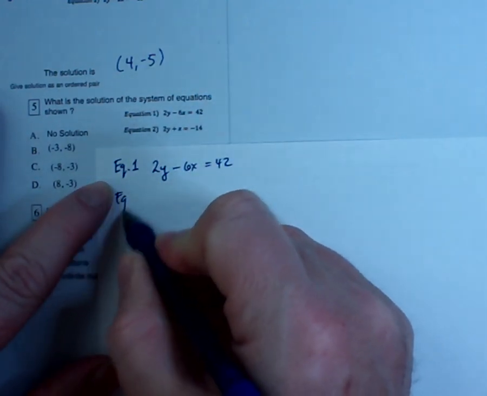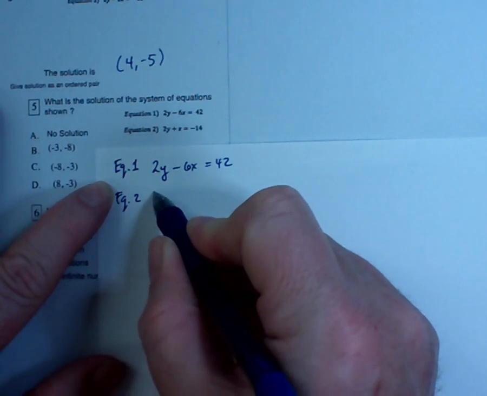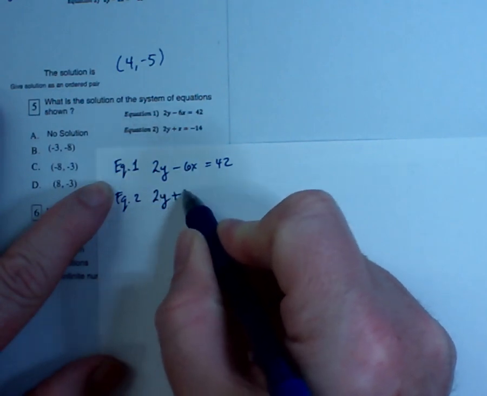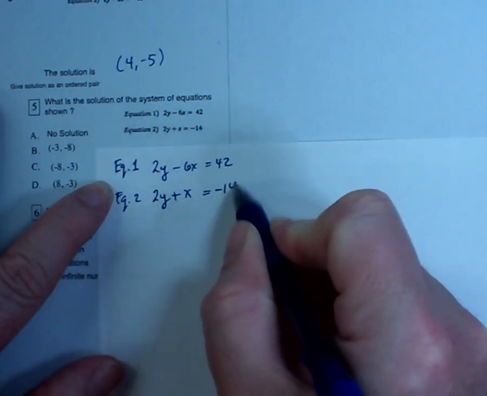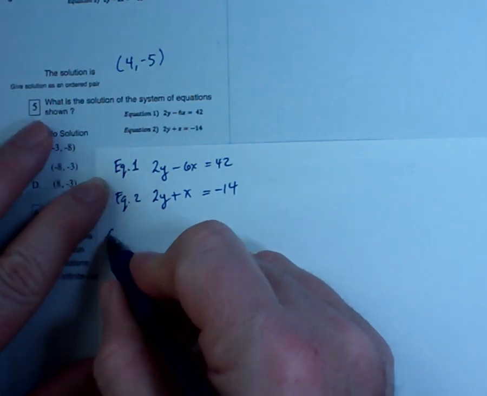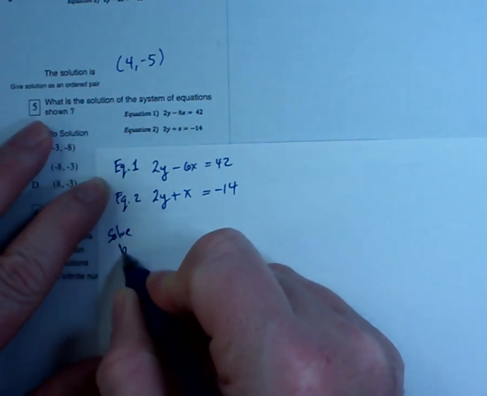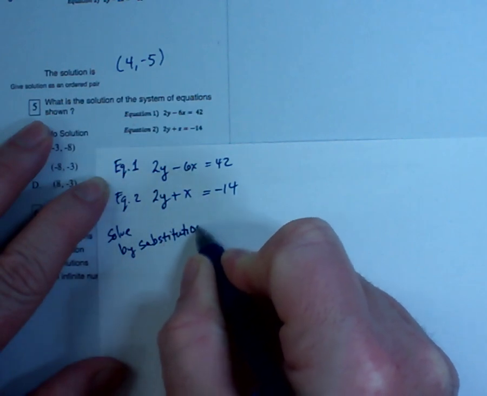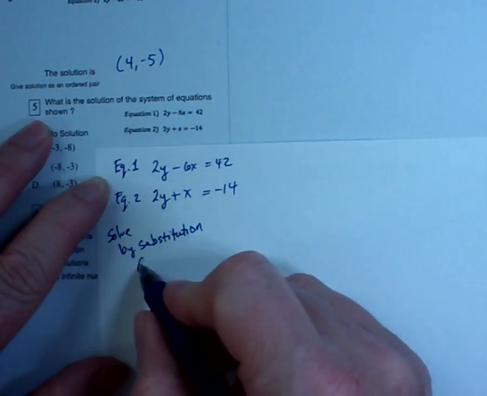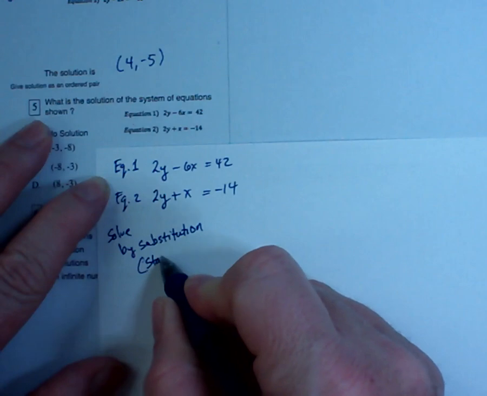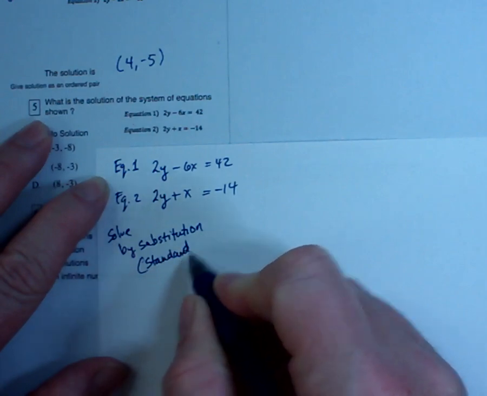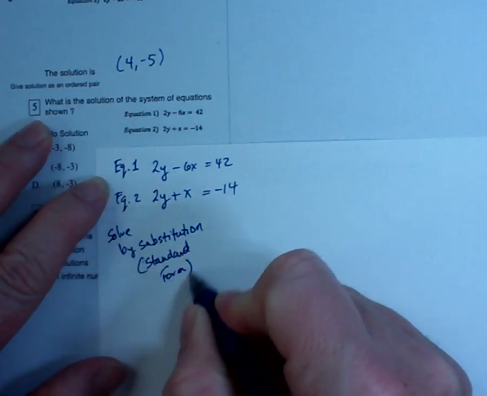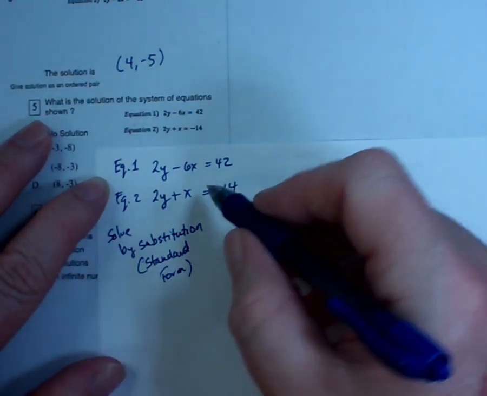And equation 2 is also in standard form, 2y plus x equals negative 14. So I'm going to solve by elimination. You do that when you see two equations in standard form, ax plus by equals c.